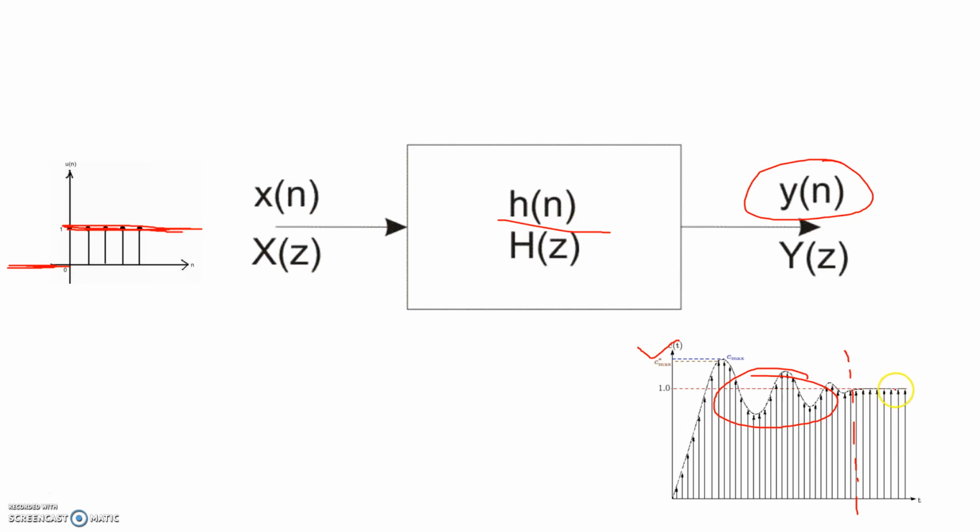So after some oscillations, when it gives one constant response, this is called the steady state response. Steady state means it has reached a steady state, giving constant output. But this initial part is called the transient response, because we have given a very high sudden change in the input, so that it oscillates like this.